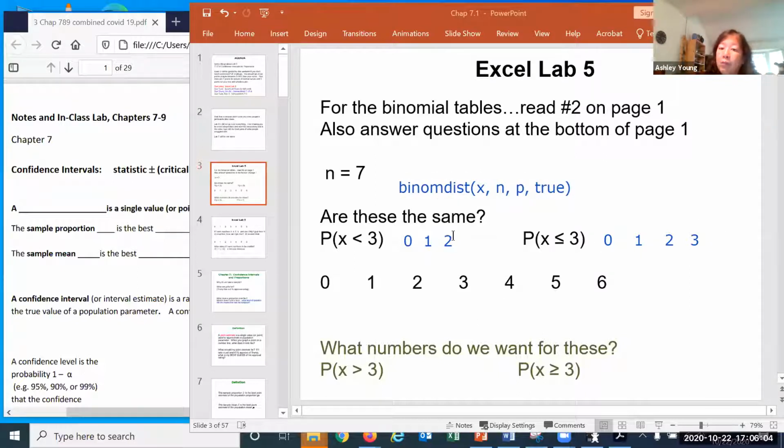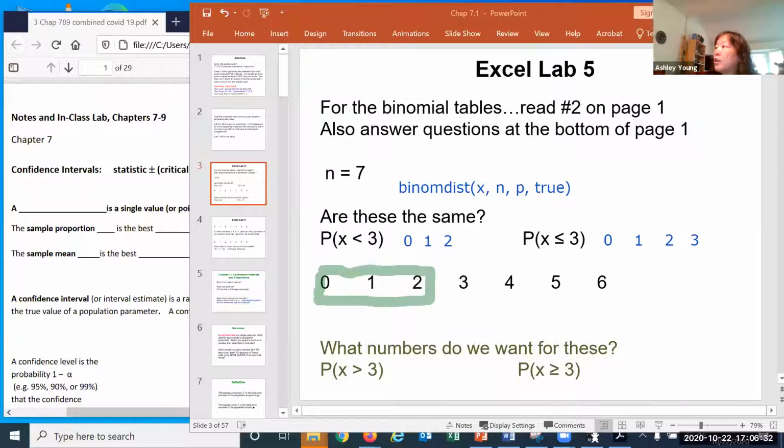So if I put in the N and the P, if I wanted just the 0, 1, and 2, I would put 2 in there. And it would find the probabilities of these 3, add them up, and return that. So that would be the probability that X is less than 3. It would find these 3 probabilities and return that if I put 2 in for X.